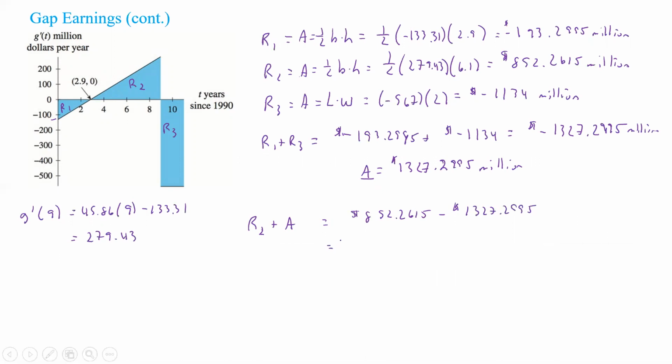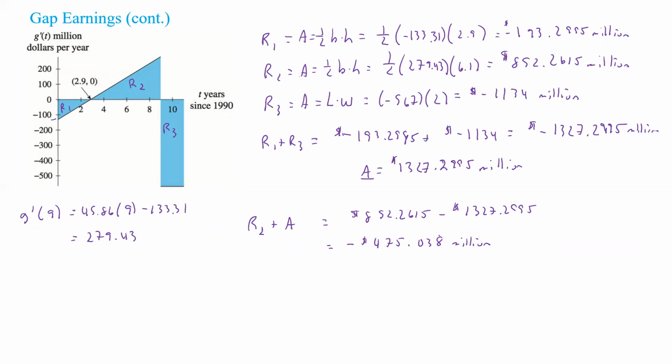That gives us a negative $475.038 million. Basically, what does that mean?